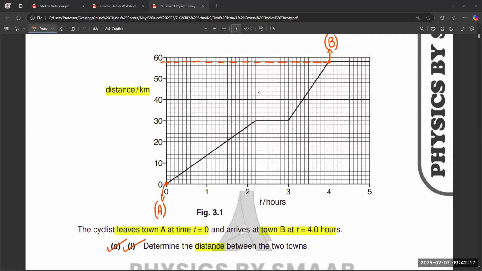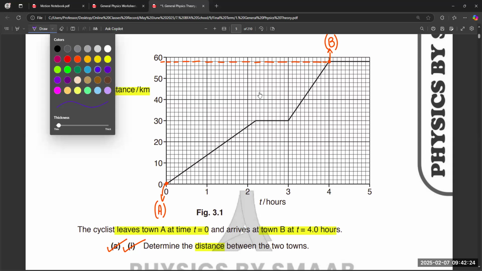Before reaching town B, in this whole graph, there is only one position in which the body is at rest.